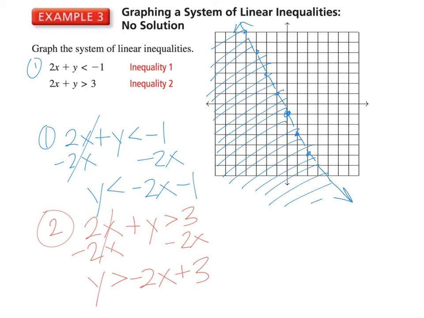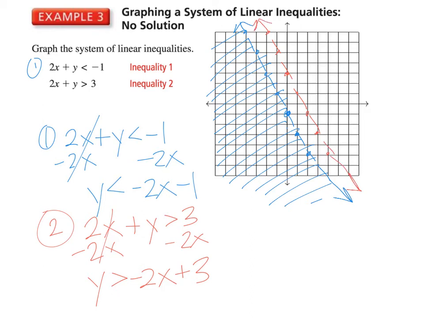Then I go up 3, and I go down 2, right 1. It's greater than, no equal sign, so it's a dashed line.